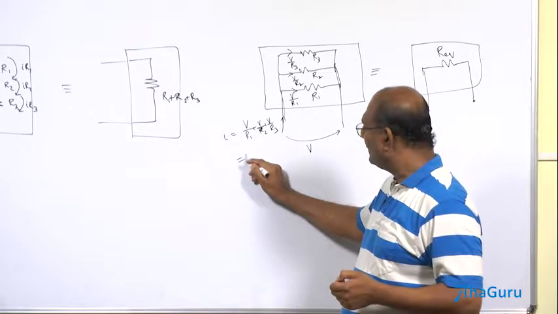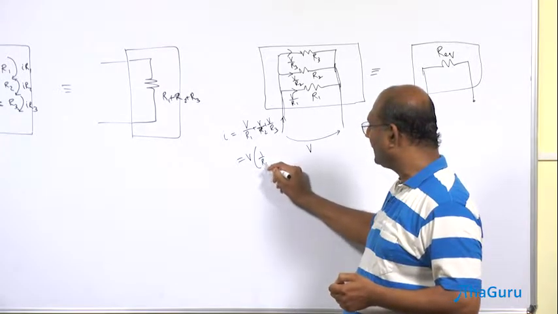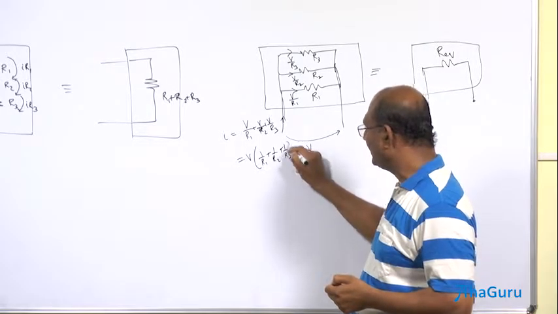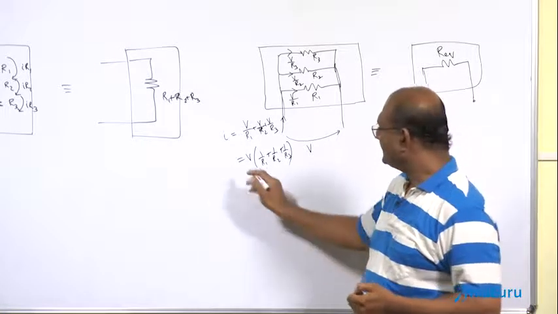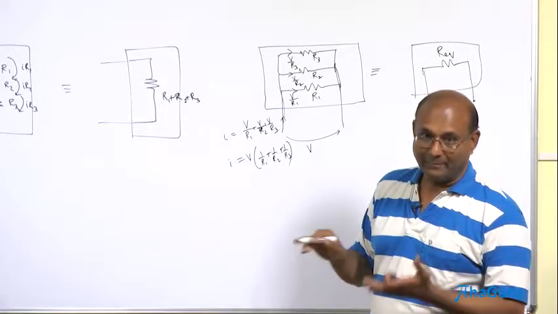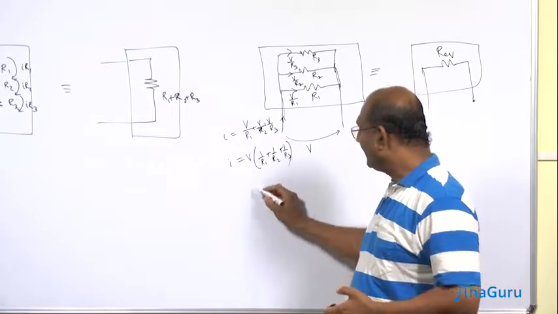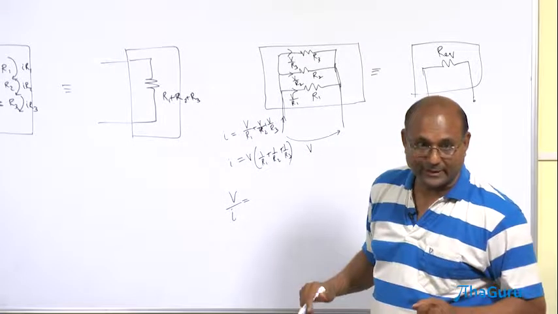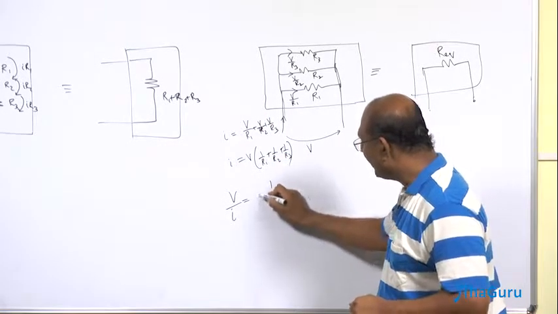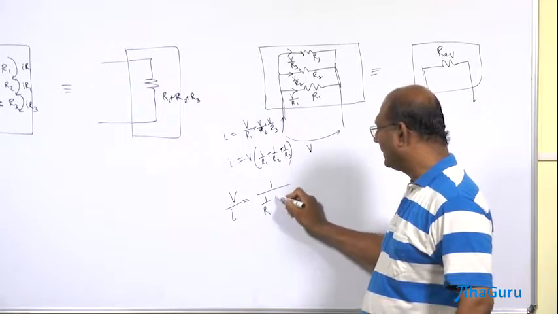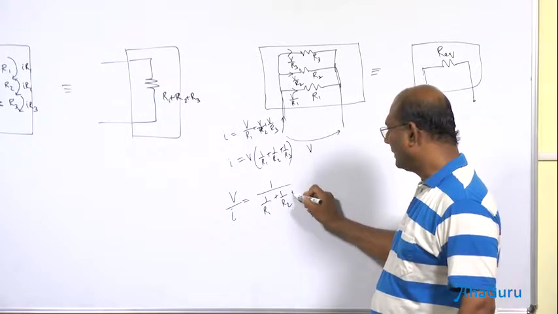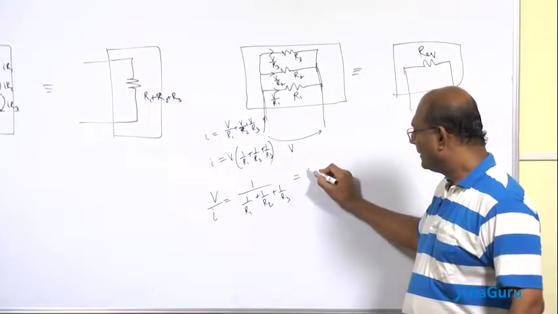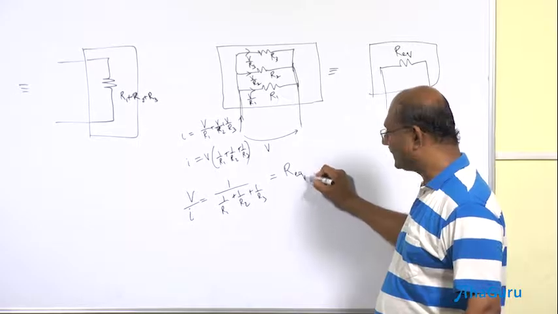V into 1 by R1 plus 1 by R2 plus 1 by R3 is I. Now we can talk about I by V or V by I. So V by I must be constant because that was the question. V by I is 1 by R1 plus 1 by R2 plus 1 by R3, and this must be R equivalent.